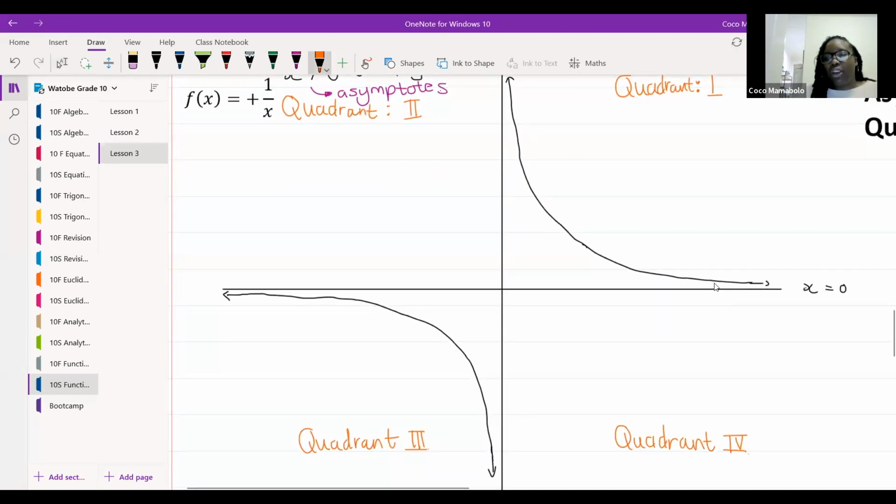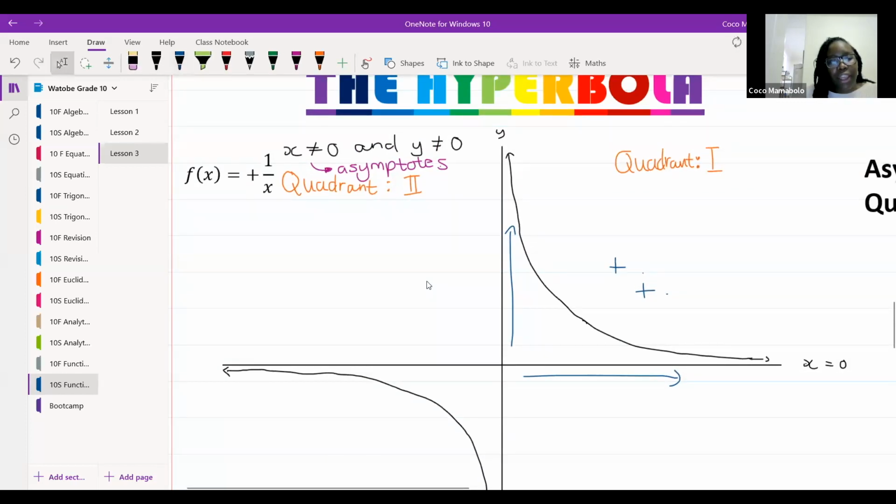So in this part, my x values are positive, and my y values are also positive. That is why this graph is in quadrant 1.